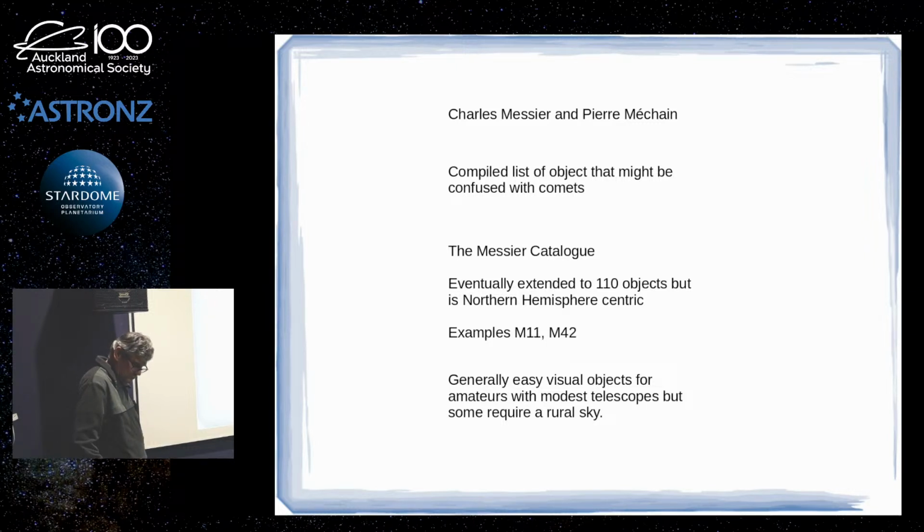Okay, probably the most well-known catalogue is the Messier Catalogue, which was compiled back in the 18th century by these comet hunters, mainly Charles Messier, but he had a lot of assistance from Pierre Méchain. A lot of the observations were done from Paris. There's a bit over 100 objects, something like 110, I think.